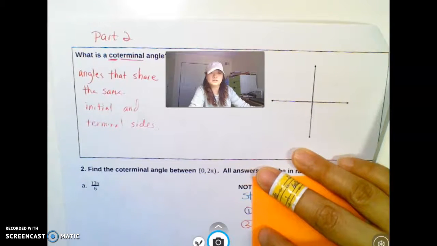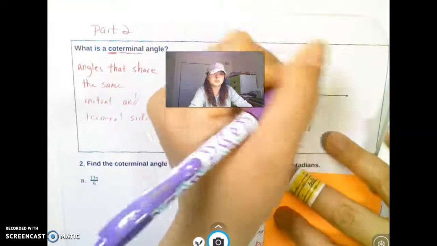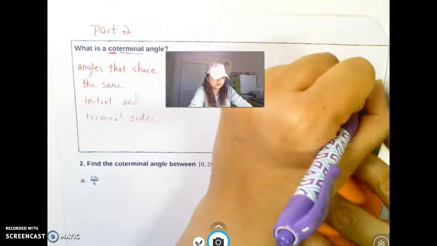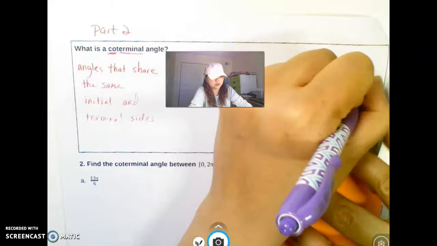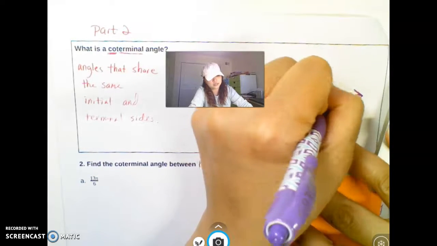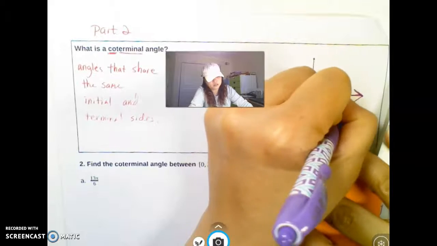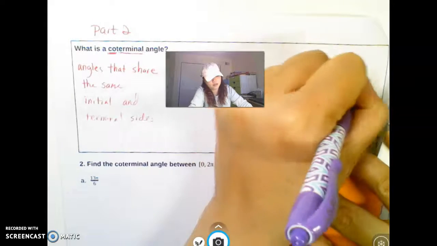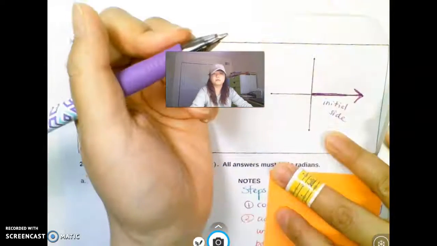So just think about it in terms of what we're used to, like degrees. Let's say an angle is two rays that open up, right? So let's say this is the starting initial side. So I have a ray that goes this way forever.